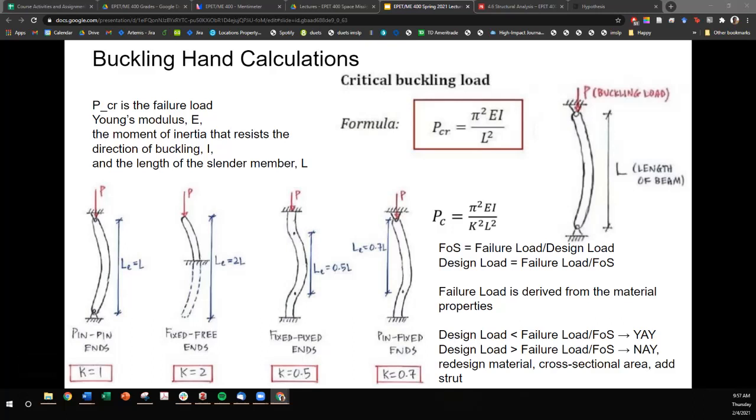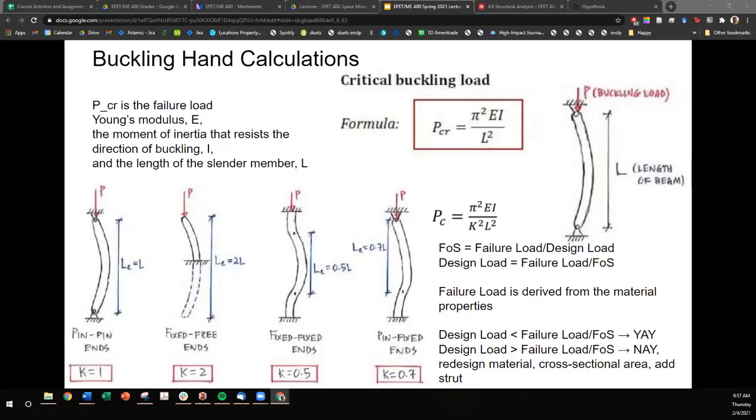This is for boundary conditions that a slender member, the ends are held in place. They're allowed to displace vertically along the direction of the load. But you can think of this like the CubeSat rails, which are being compressed at 1320 newtons.